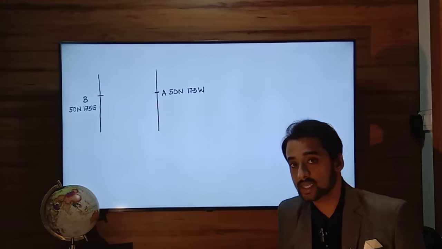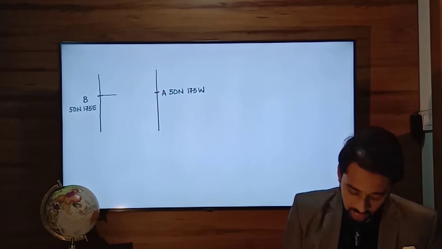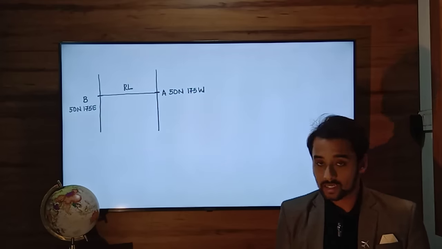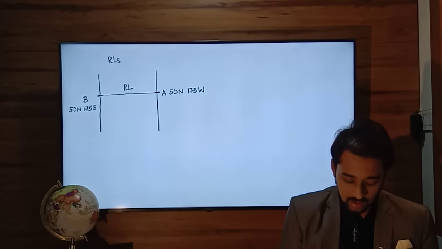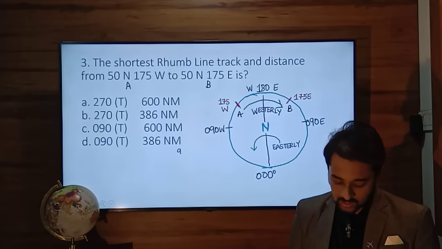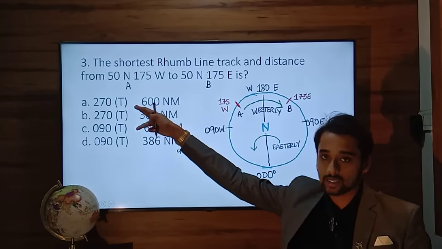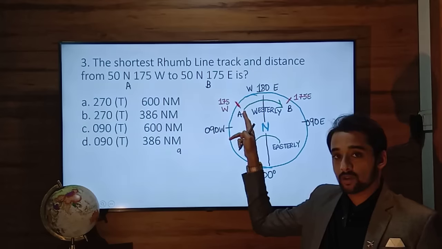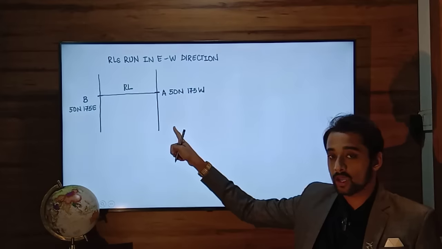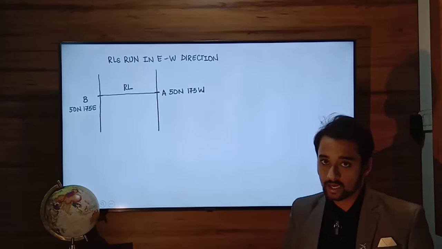Okay, since both are at the same latitude, the Rhumb line will be a straight line, and all Rhumb lines run or go in east west direction. Okay, so of these four options, the only possible is east or west, and this way I have shown you. When you plot that on the Earth, it becomes easier to imagine than this one. Here you only get to know that straight easterly or westerly direction.